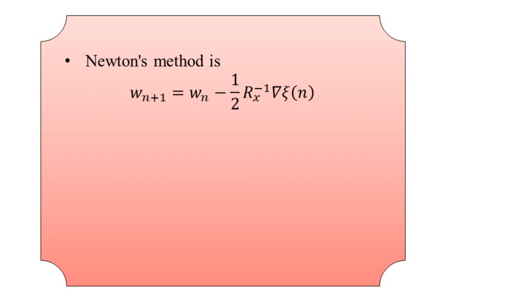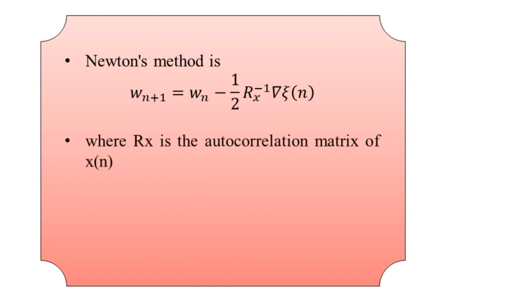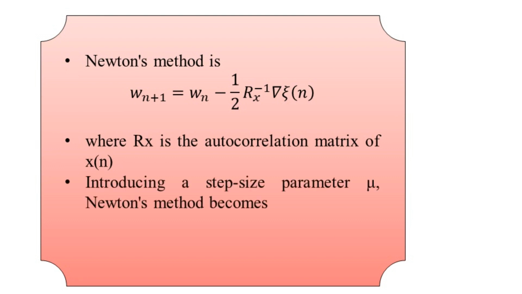So here capital R suffix x is the autocorrelation matrix of the input discrete time random process x of n. Now, introducing a step size parameter mu, the Newton's method takes a new form.